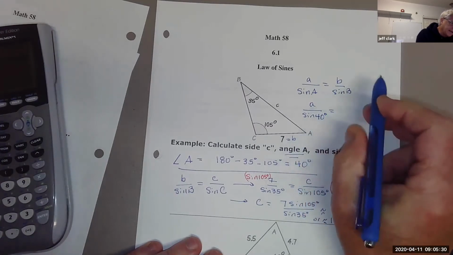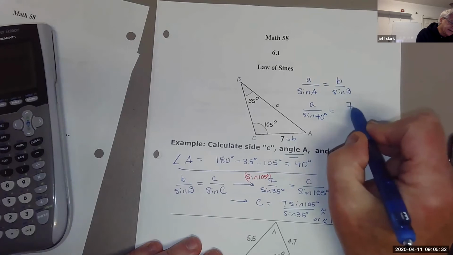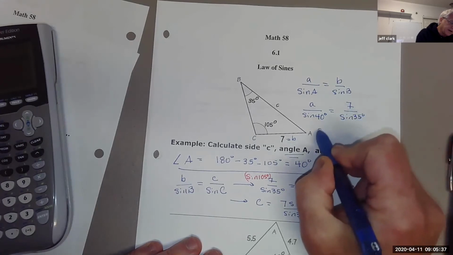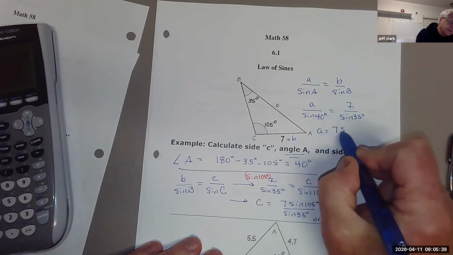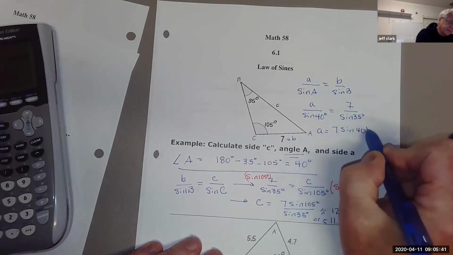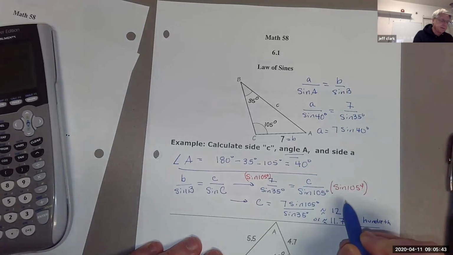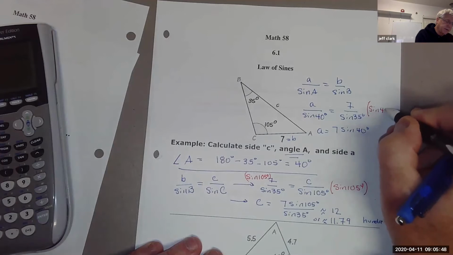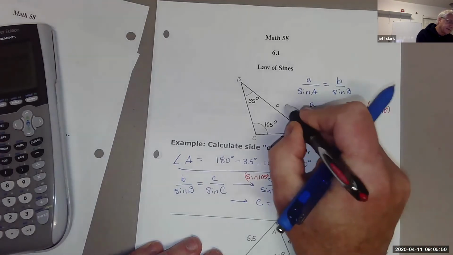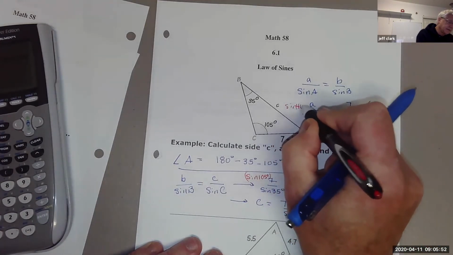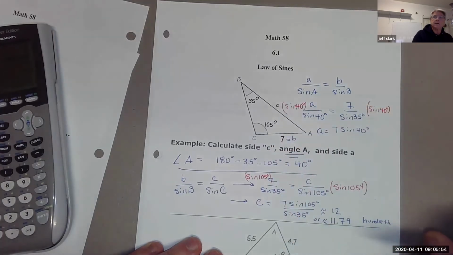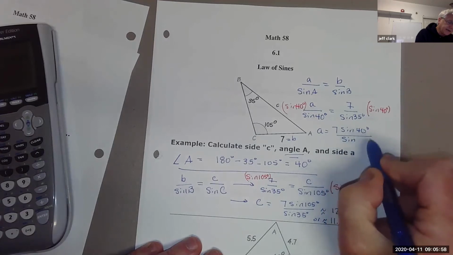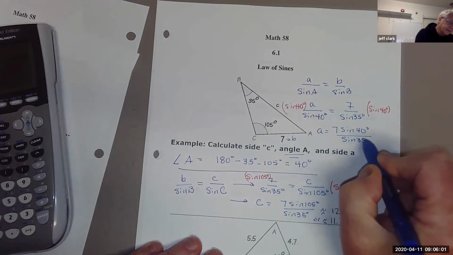And then little b is 7 is to sine 35 degrees. In like manner, a is equal to 7 sine 40 degrees. Multiply both sides by sine 40 degrees, both sides. And so we're getting divided by sine 35 degrees.